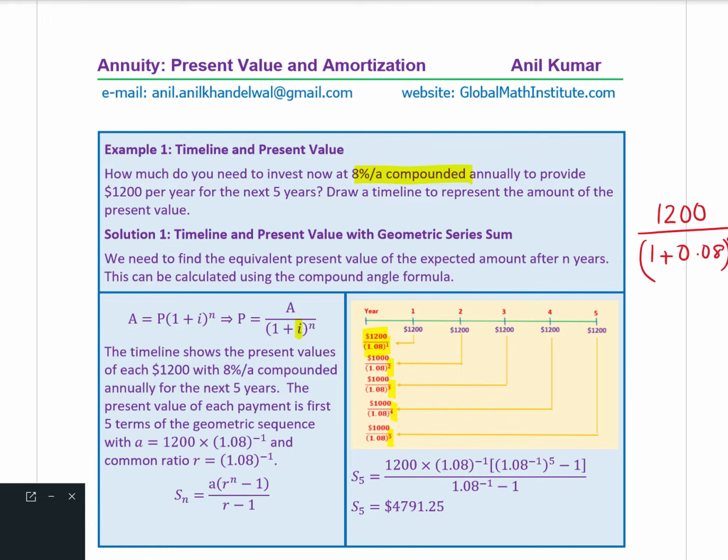So you have a geometric series. Now in this geometric series, the first value a is indeed equal to 1200 divided by 1.08 to the power of 1, which you could write as 1200 times 1.08 to the power of minus 1. And that is what is written here.